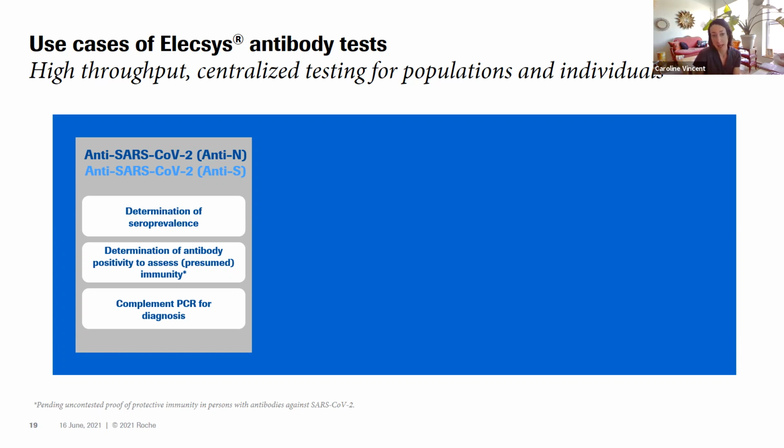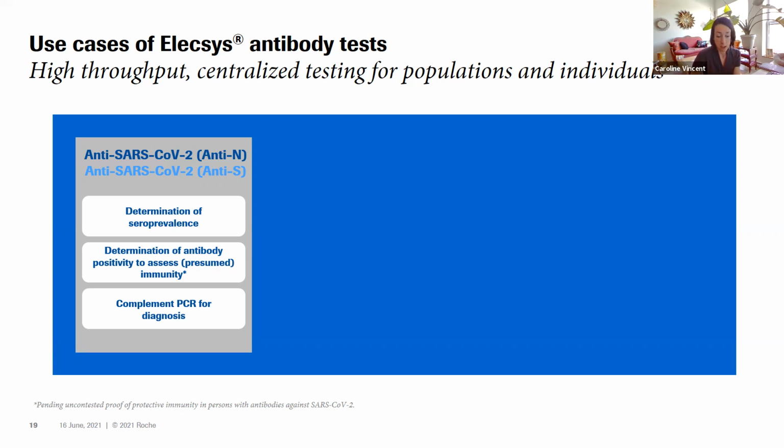Both of them could be used to look at antibody levels or the simple presence of antibody in an individual patient, either to see if the person was previously exposed to the virus or if antibodies were produced after vaccination. And in some cases, it could also be used to complement PCR in a diagnostic setting.